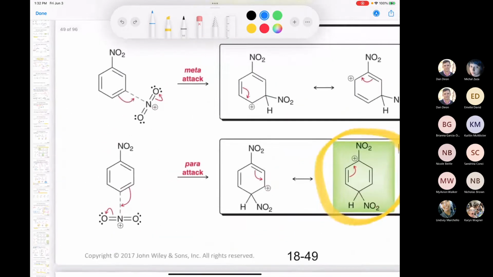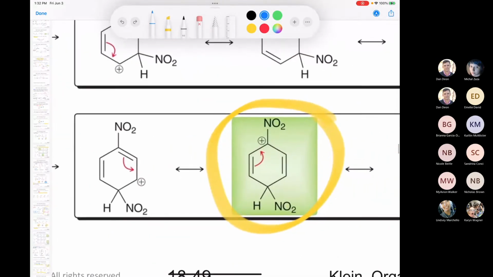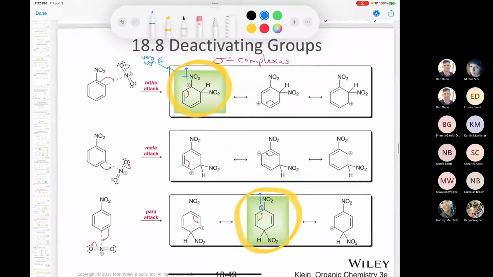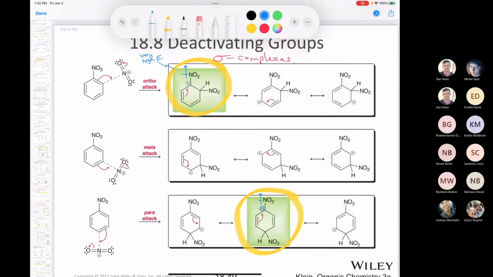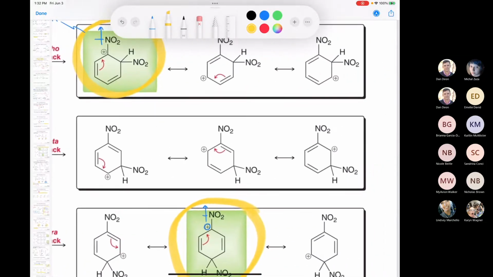We see the same thing with para attack. We can draw the same resonance contributor where we have that strong electron withdrawing group adjacent to a positive charge. That is not good. No. But if you look at the resonance contributors to the sigma complex for meta attack, look at these. Look at all 3 of them. You have the positive charge here, positive charge here, and positive charge here.